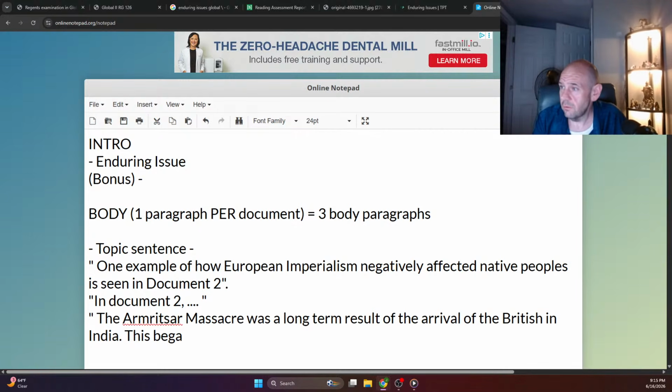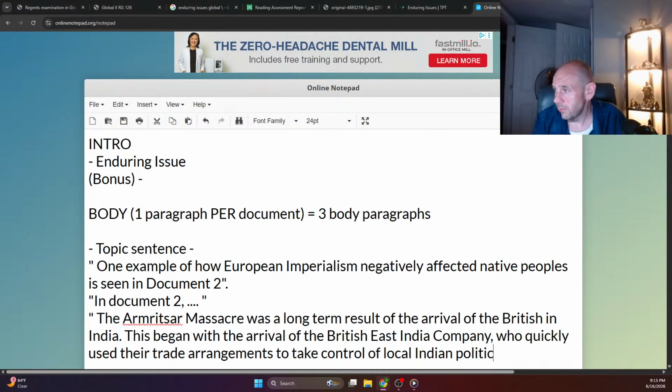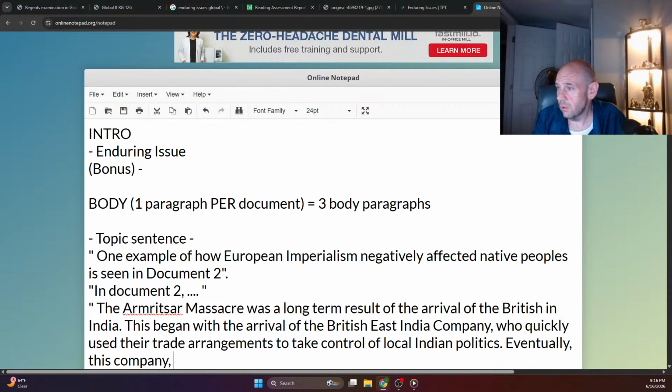This began with the arrival of the British East India Company, who quickly used their trade arrangements to take control of local Indian politics. Eventually, this company, if I want to get really fancy, I'll throw in a vocabulary term, this joint stock company.